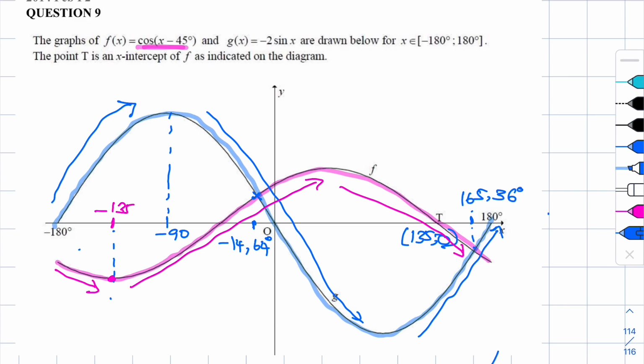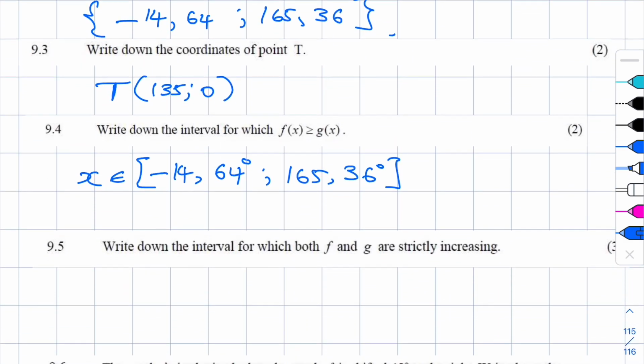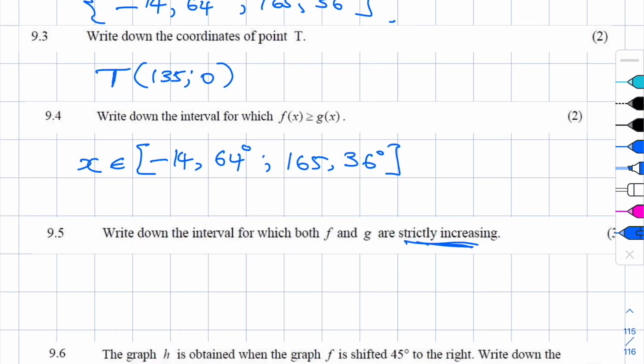Remember, I said to you, the two graphs are both increasing in this portion from negative 135 up to negative 90. So let's write the solution. The two graphs are strictly increasing, so we're going to say it's from negative 135, with a round bracket because it's strictly increasing, up to negative 90.